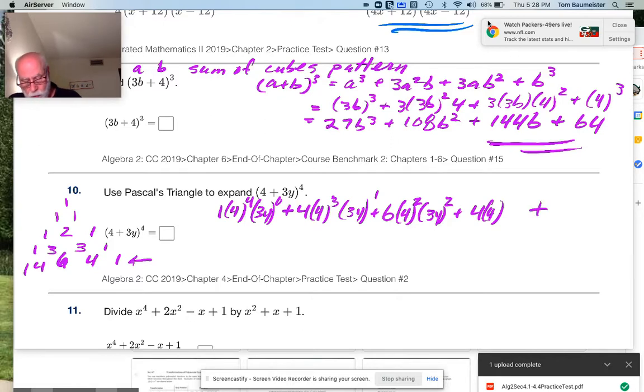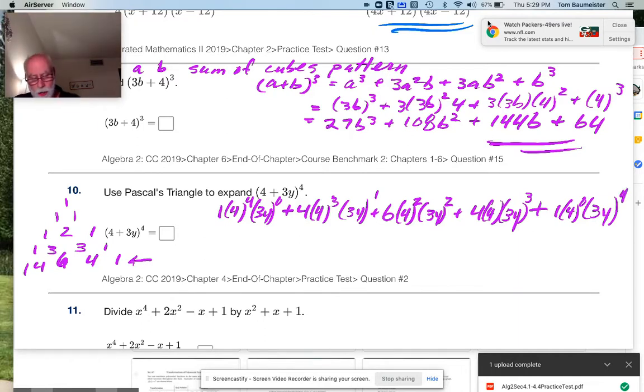That would be 4, and then here I'll take my 3y and it's increasing, so that'll be cubed. And then I'll have 1, and I'll have 4 raised to the 0 power, and then my 3y will be to the 4th power.